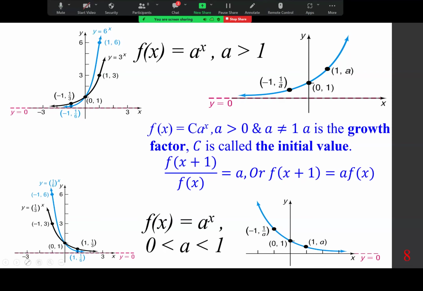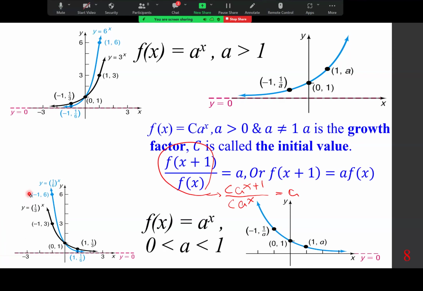So please understand this means c a to the power of x plus 1 over c a to the power of x, which gives you a.